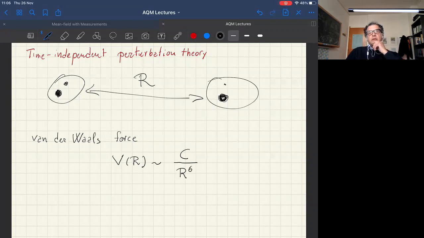So it decays much faster than Coulomb, which is 1 over r. This will decay as 1 over r to the power 6, and it turns out that this constant is negative. It's a weak attraction between the two atoms.